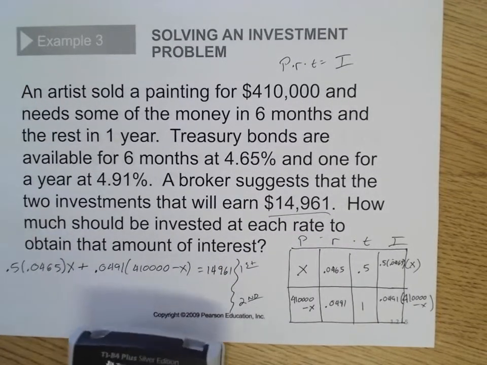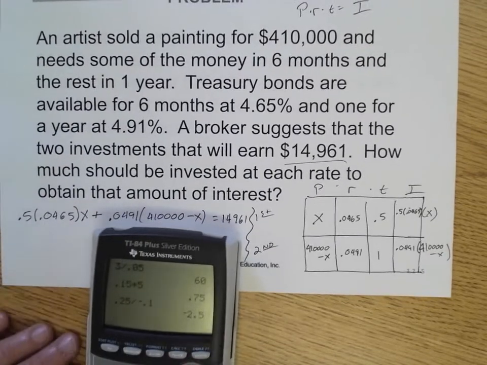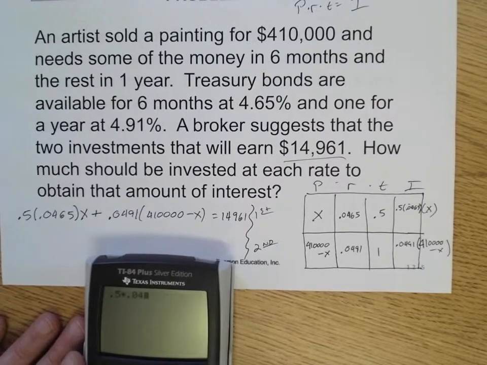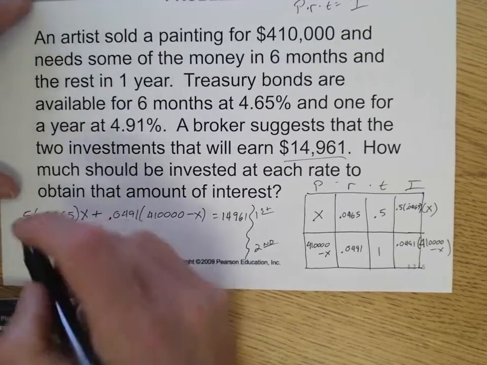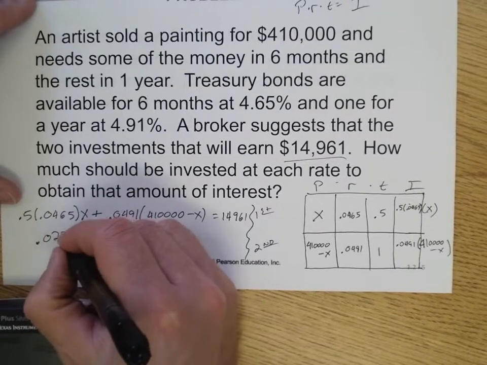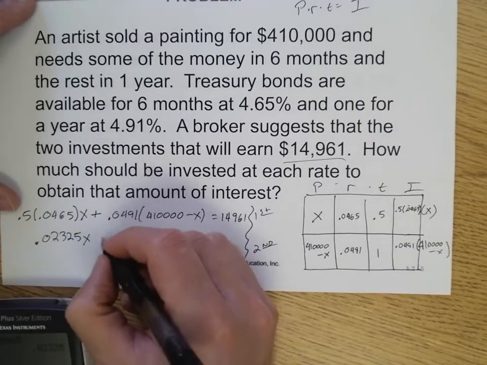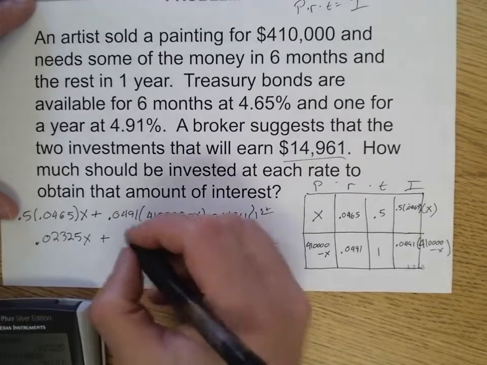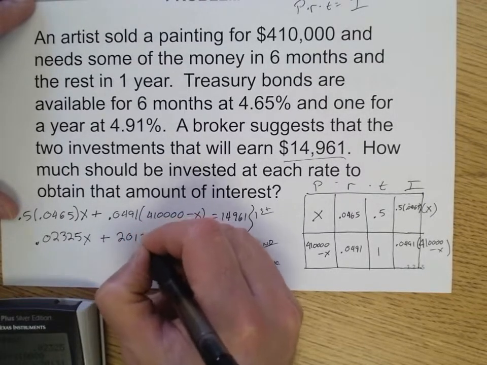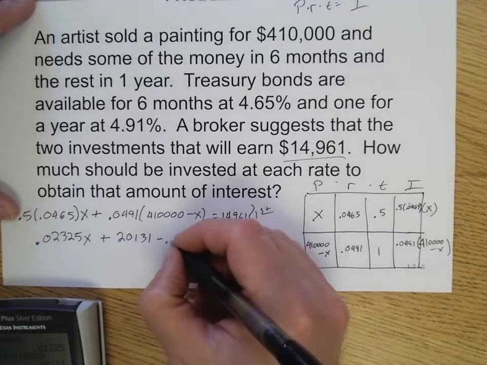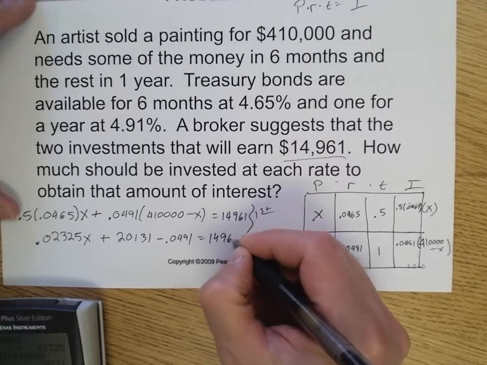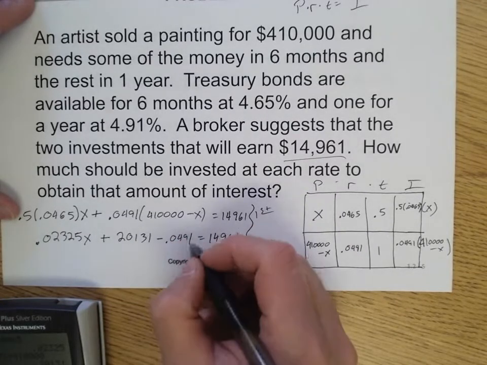Okay, so a lot of decimals here. We just have to be careful and get our trusted calculator to work these out. So 0.5 times 0.0465. And I'm distributing here on the second parentheses. Okay, that should be an x right there.